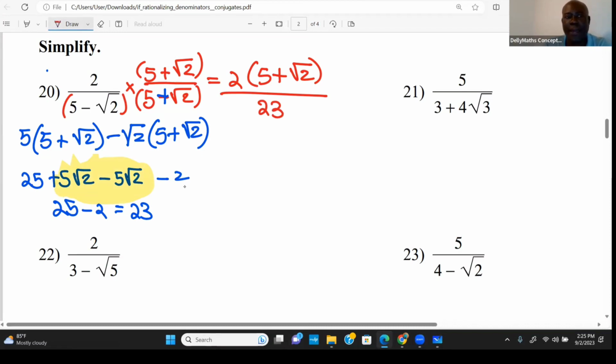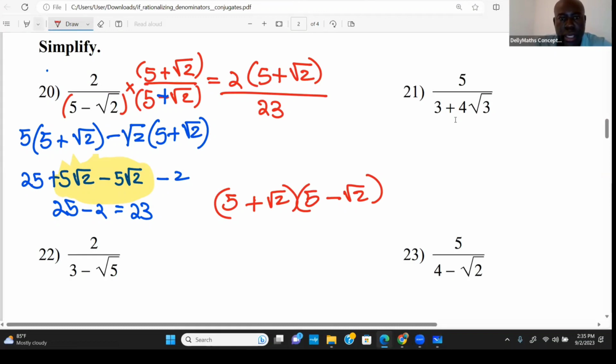Now, what we want to look at quickly is what we could do here. If I have 5 plus the root of 2, and I'm going to multiply that by 5 minus the root of 2, this is the factorization for the difference of 2 squares. So what happened is the middle term will be gone.